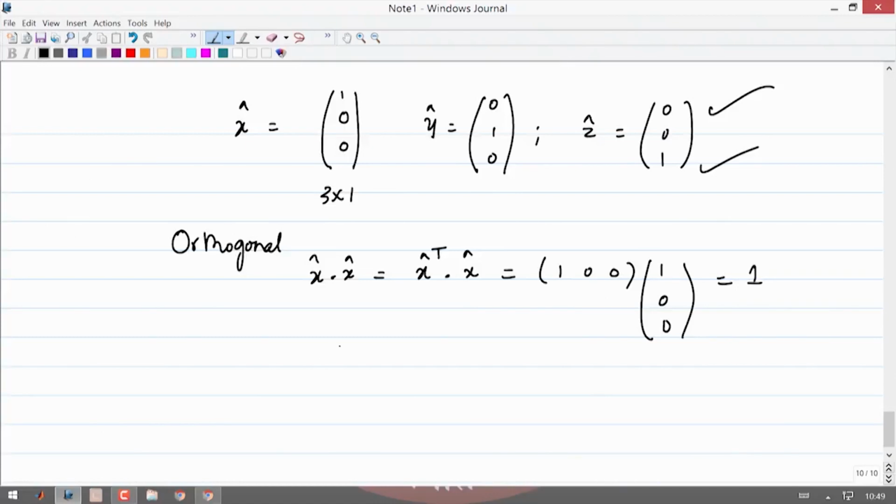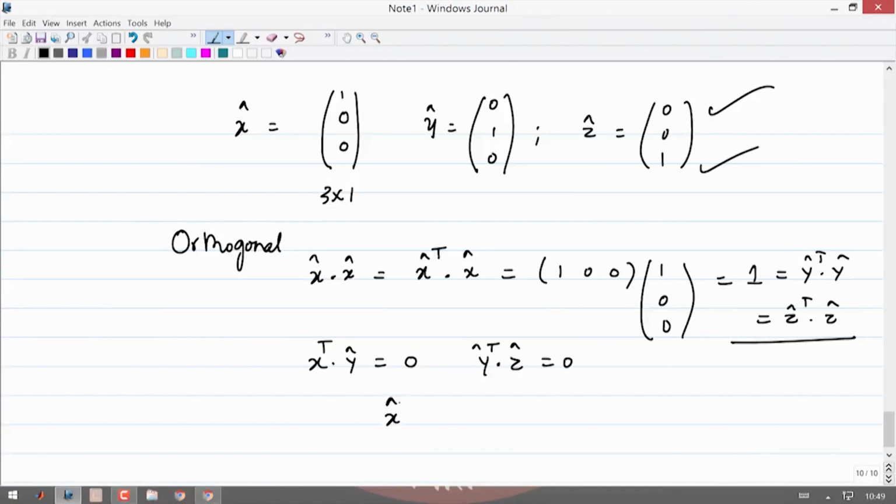And likewise you can show this for y transpose y as well as z transpose z. And in the same way you have x dotted with y is 0, y dotted with z is 0, and x dotted with z is also 0. So again this is an orthonormal system.